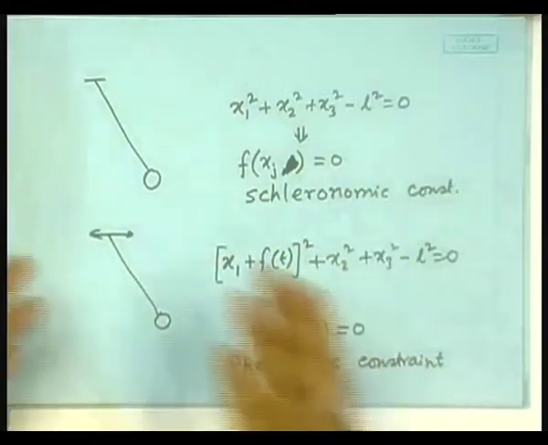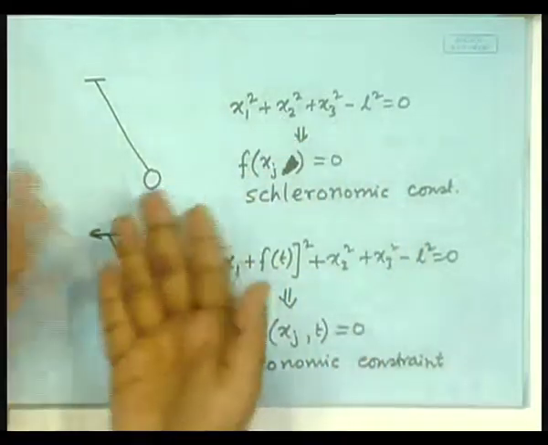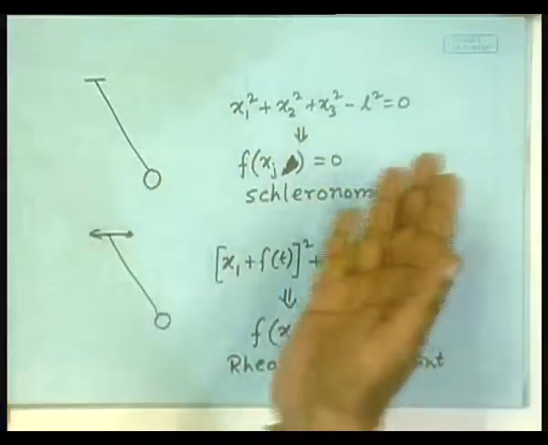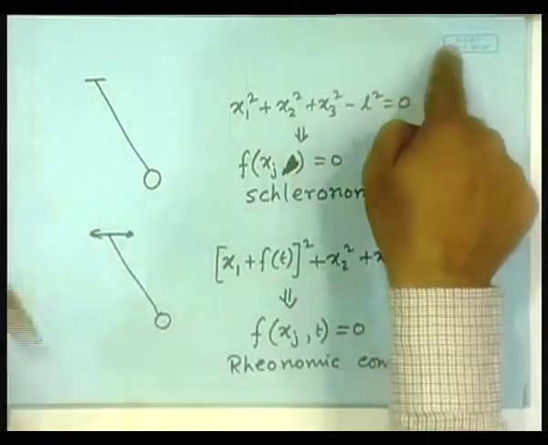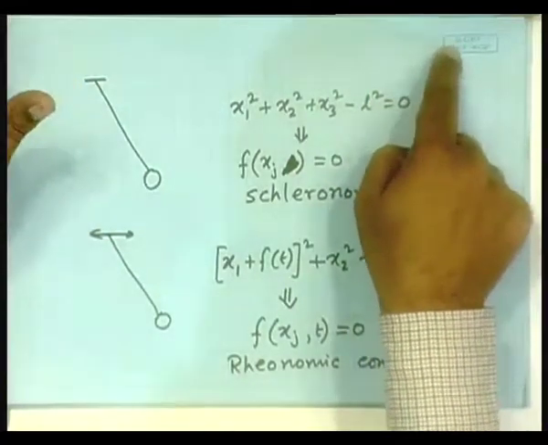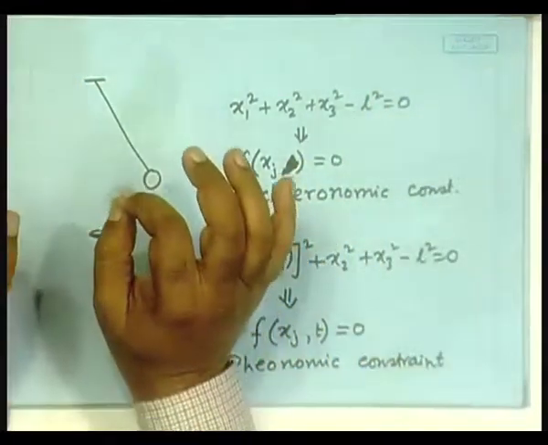Geometrically, what are you doing? Here this equation, one constraint equation defines some kind of a subspace. The second constraint equation defines another subspace, and then the ultimate constraint is the intersection between the two.